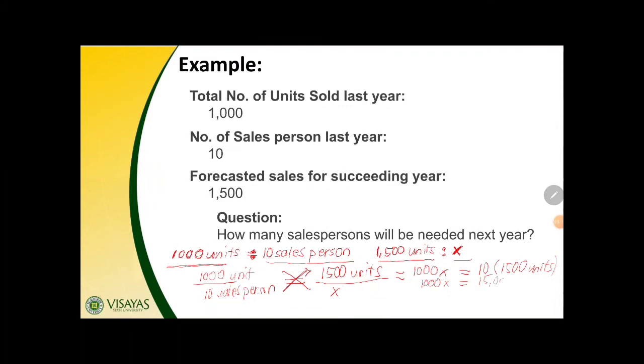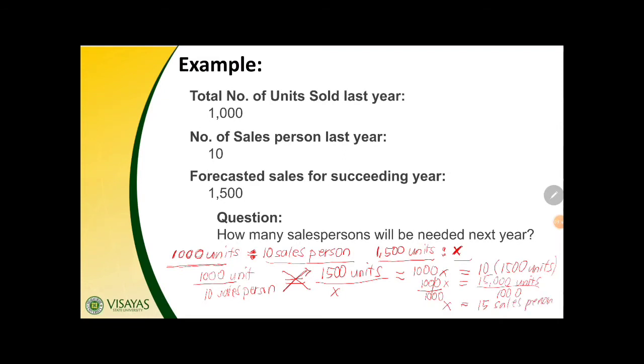So you have that equation. Divide both sides by 1,000 to get x. The 1,000 cancels, so only x remains. So the number of people you need is 15,000 divided by 1,000. That would be 15 salespersons.